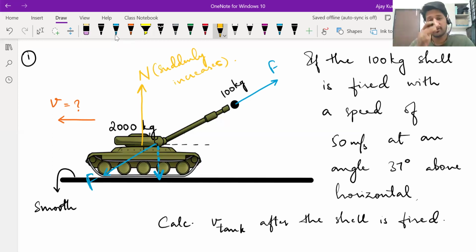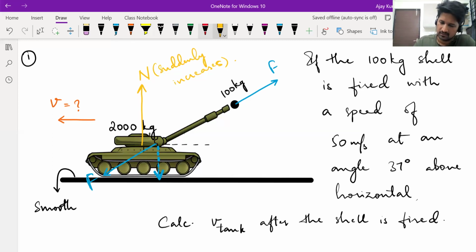Before firing, the normal force from the ground would just have been supporting the weight of the tank. But the moment the firing takes place, the tank experiences a force at an angle like this, which has a downward component. So the tank gets pressed onto the ground harder. Normal force has to support that. It suddenly increases.